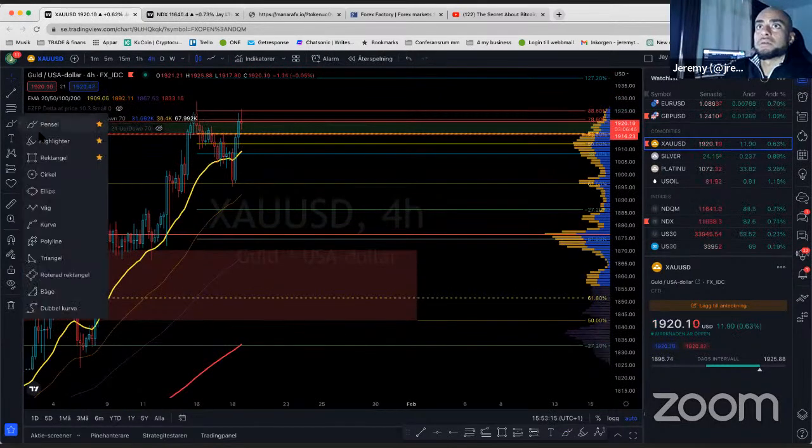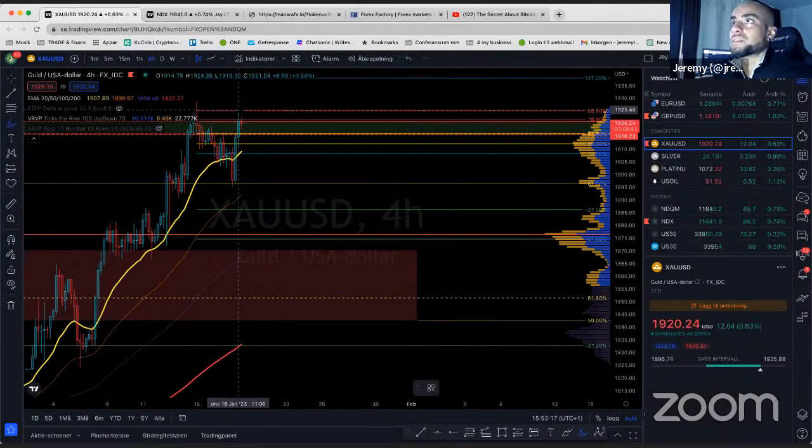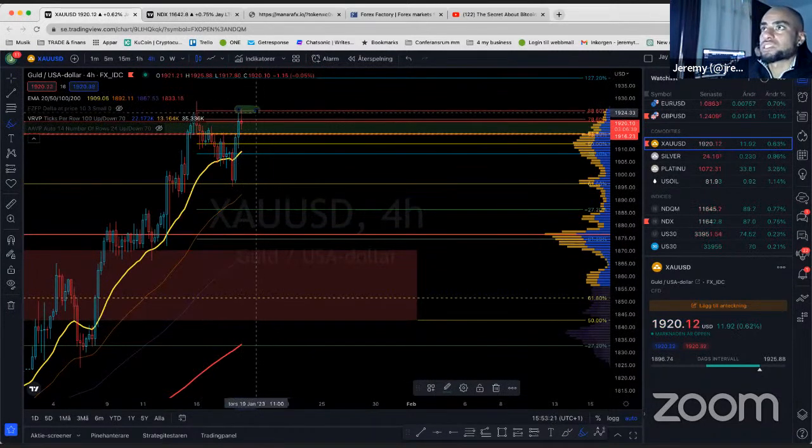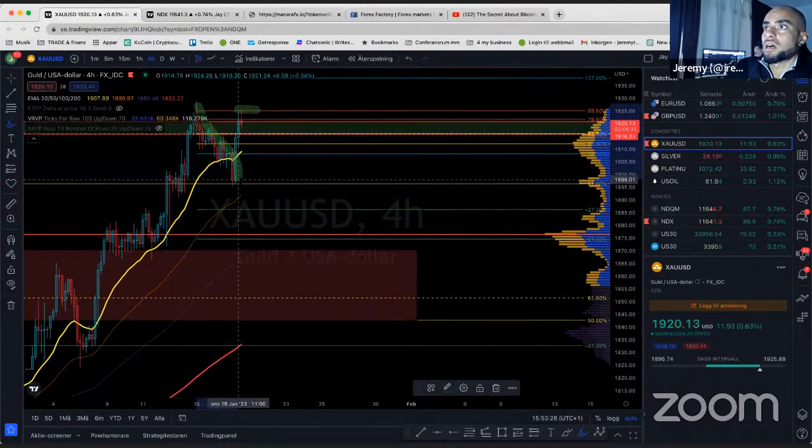We see that the market came up here, and as you can see, it resisted the 88.6 retracement of this swing. This is the swing I'm looking at, from that top all the way to this bottom.